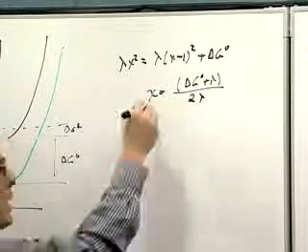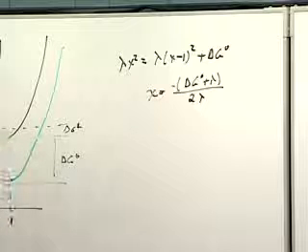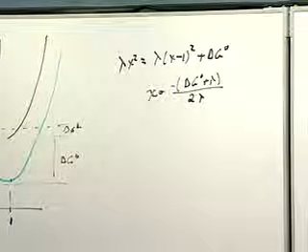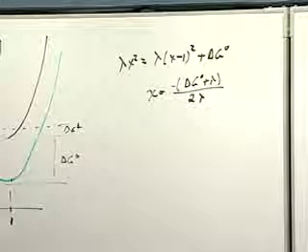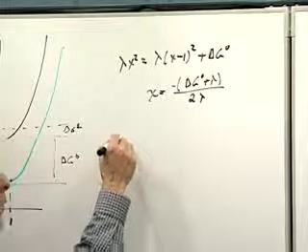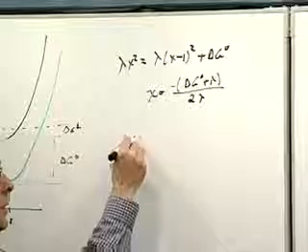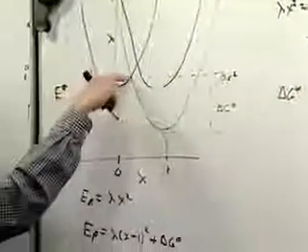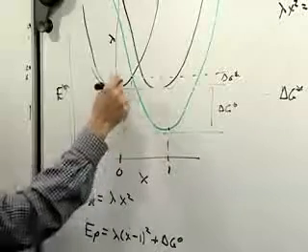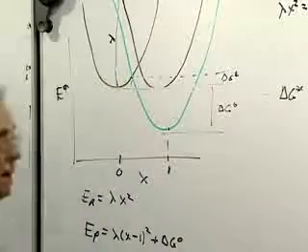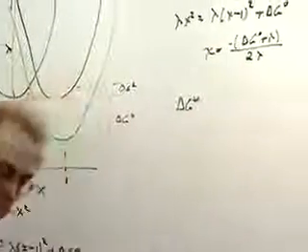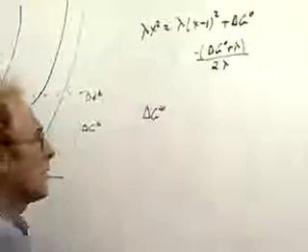I think there's a minus sign in there, maybe, but that isn't going to bother us too much. And so now we can ask what delta G star is, and that's going to be the energy of my reactants at this crossing point, so lambda times x at the transition state squared.